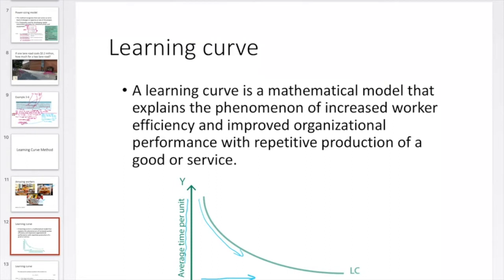So this is a good phenomenon. That's something workers or the businessman or a manager want. That's why we want to practice a lot and be familiar with the process and make the process more efficient, so that the average cost can be lower and then your profit could be higher if you sell the same number of products, right?